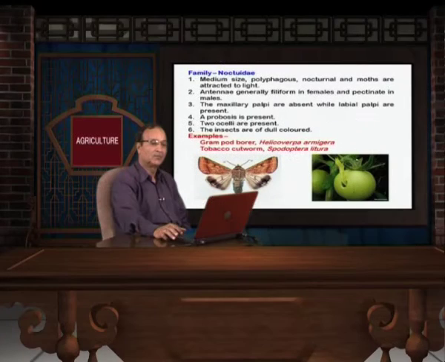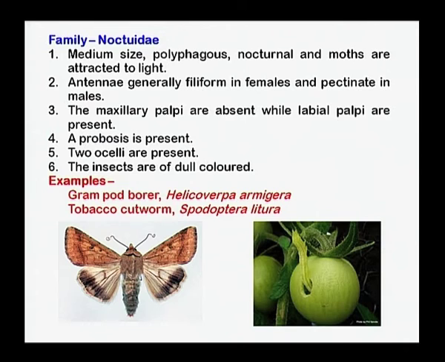Noctuidae, antennae are filiform in females but pectinate in males. It means males and females have different types of antennae. The maxillary palpi are absent, but labial palpi are present.